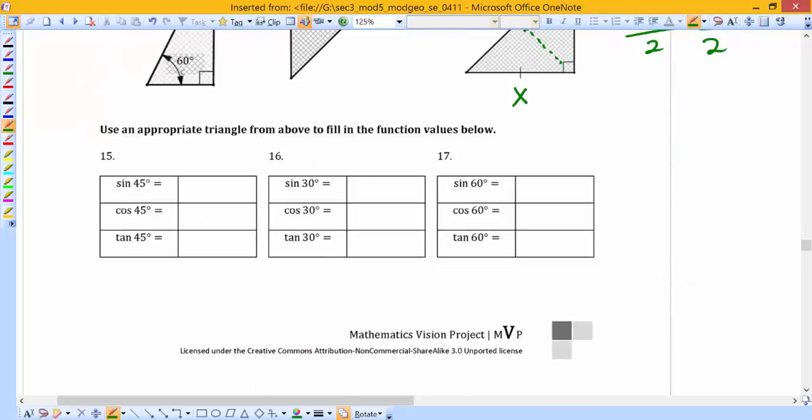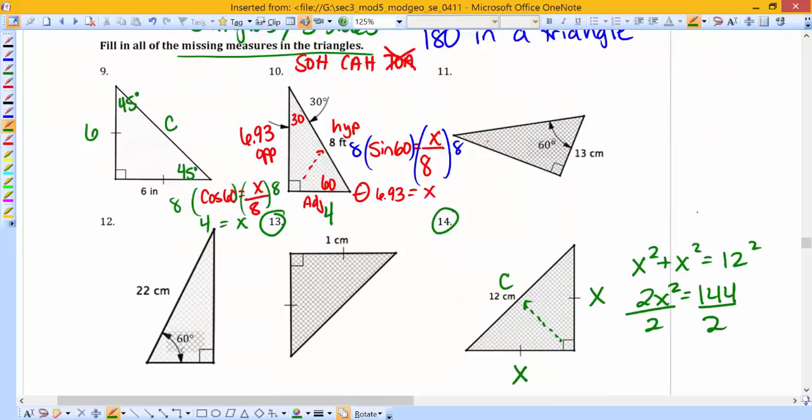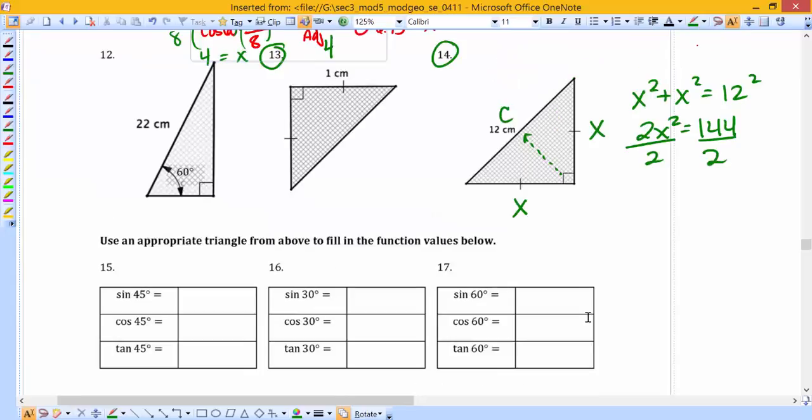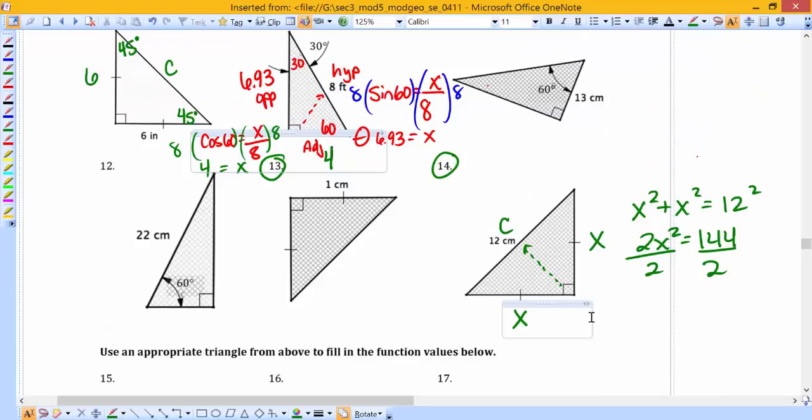Now, the last part of this homework, you're just going to use these triangles and you're going to fill in this part here. Okay, you're going to get that filled in. I prefer you guys to use fractions whenever possible, but if you can't, you can't.